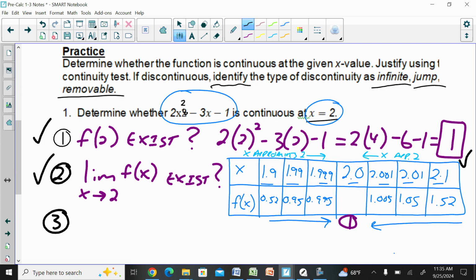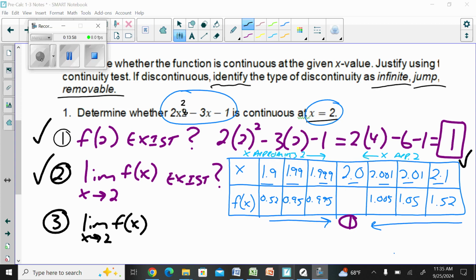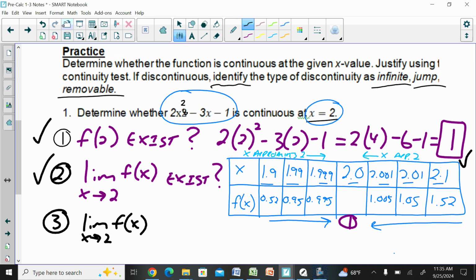Basically, what we're looking at now is the limit as x approaches 2 of f of x is equal to, step 1, f of 2. They were both 1, right? We had our 1 over here and our 1 right here, so they were both equal to 1.